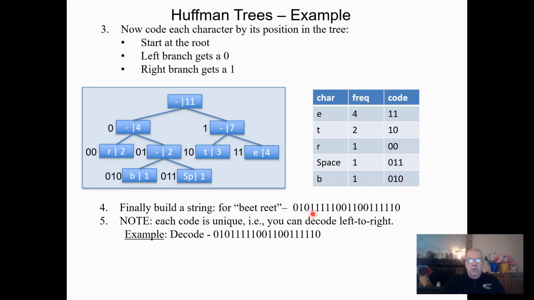B is 0, 1, 0. E is 1, 1. Here's another E, 1, 1. Then we go to 1, 0. That's T. Then the space is 0, 1, 1. And then an R is 0, 0.